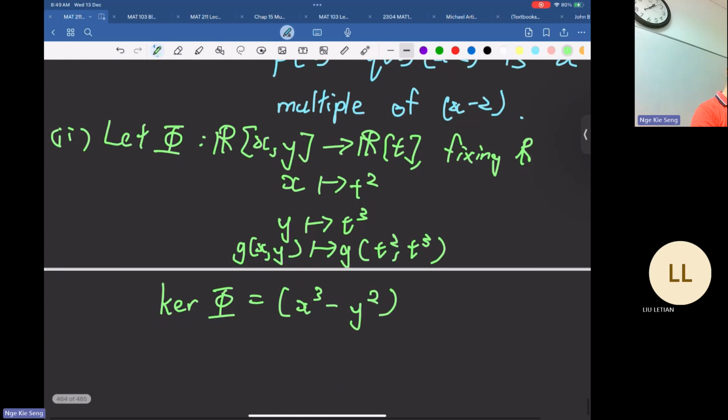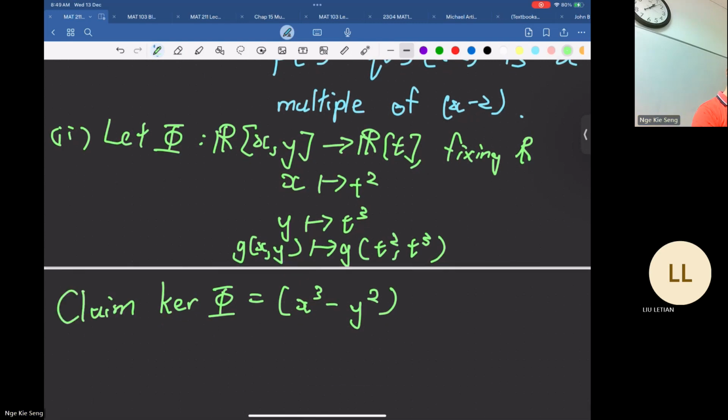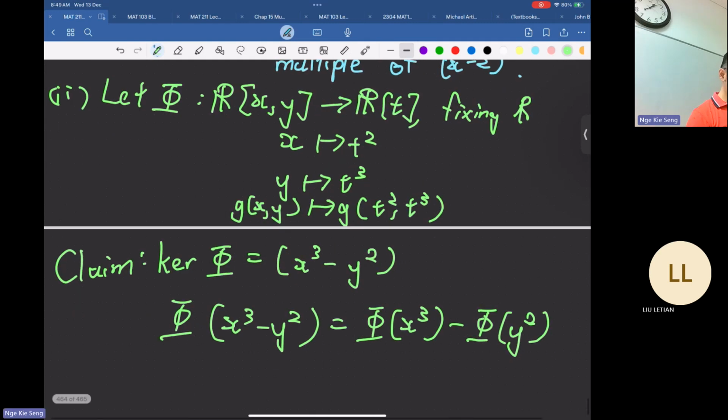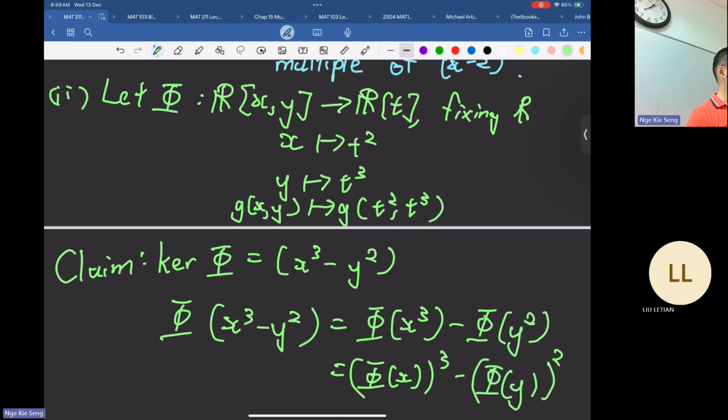So this is the claim. You first look at what phi is on x cubed minus y squared here. Phi of x cubed minus phi of y squared, because phi is a homomorphism. That means phi of x to the cube and phi of y to the square.